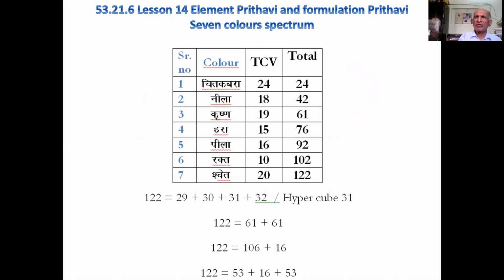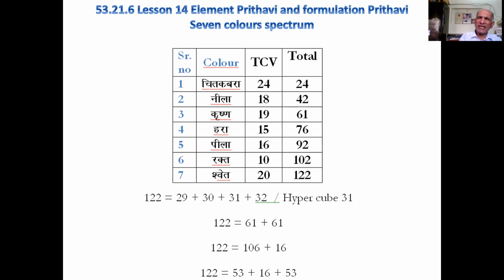Now, this formulation Prithvi is of TC value 25, and the formulation Vishnu as well is of TC value 25. And we know that hypercube 5 is of value 18, while the base is value 7. Therefore, the 7 colors spectrum with 7 geometries range of 3 space, 3 space in the role of dimension of transcendental origin, 3 space in the role of a solid boundary, brings us face to face with the 7 colors spectrum.